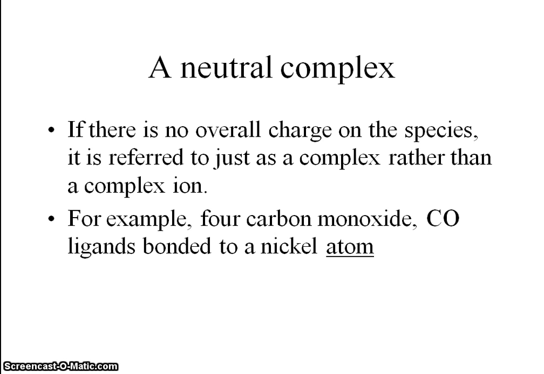That's nickel atoms with an unusual ligand, carbon monoxide, CO, with a lone pair on the carbon. 4 of those ligands gives us this neutral complex. So the nickel first, then 4 lots of the ligand, and overall charge 0, so a neutral complex.